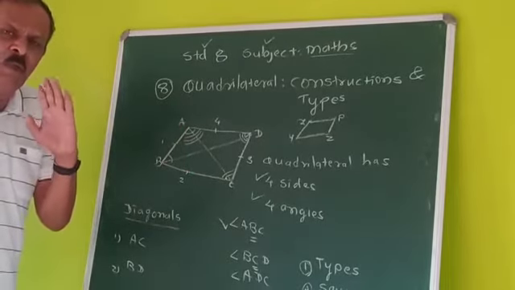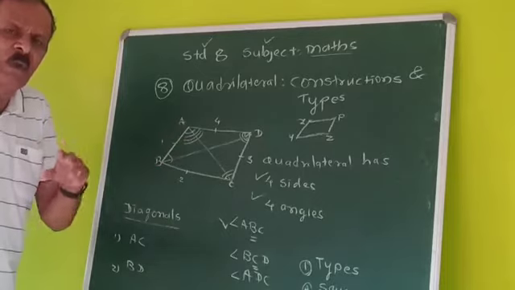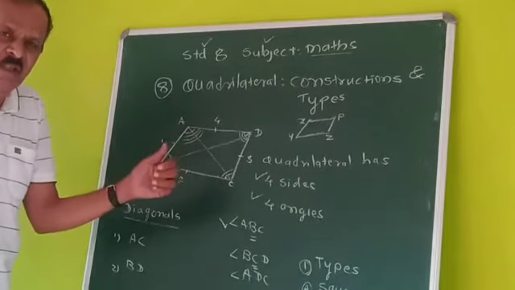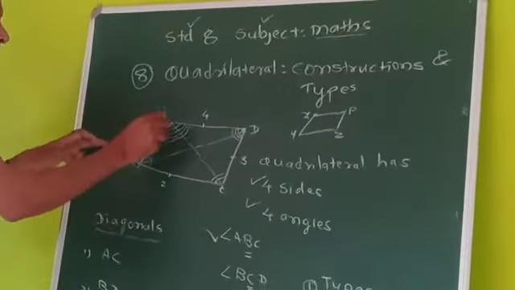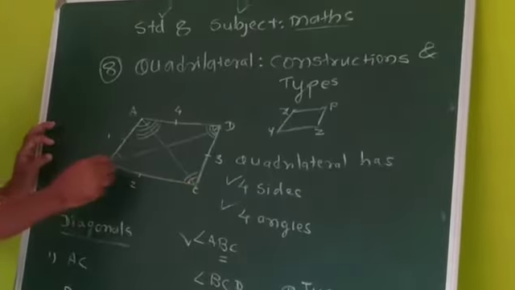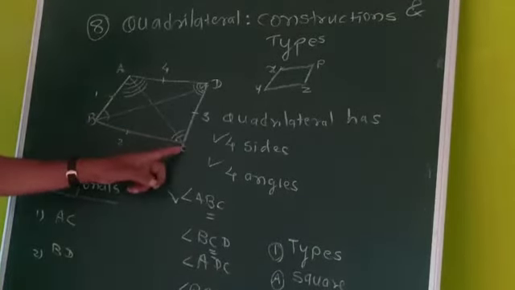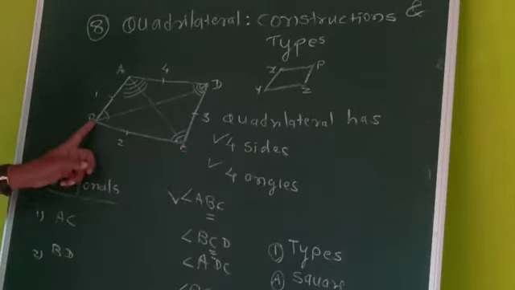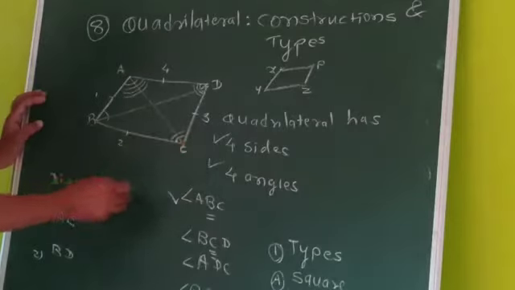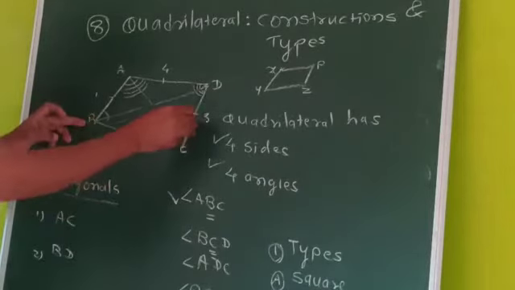The clarity should be known to you so that you will be perfect in construction. ABC may be called CBA, angle B. What about this angle C, Tanish? Angle BCD.